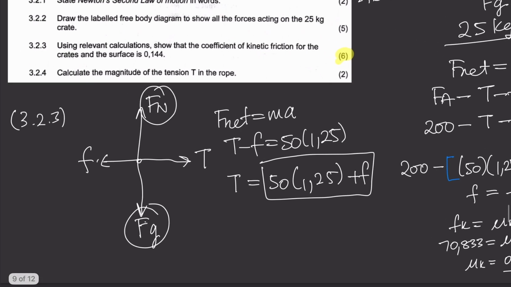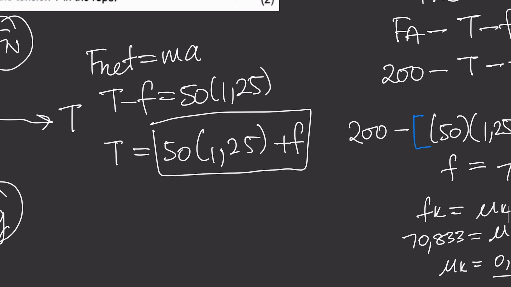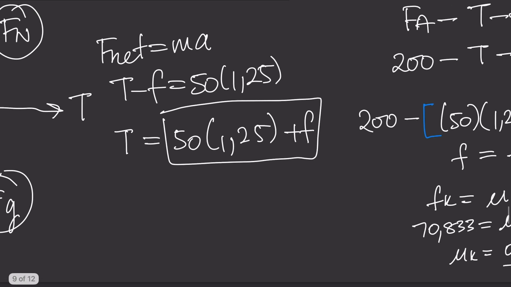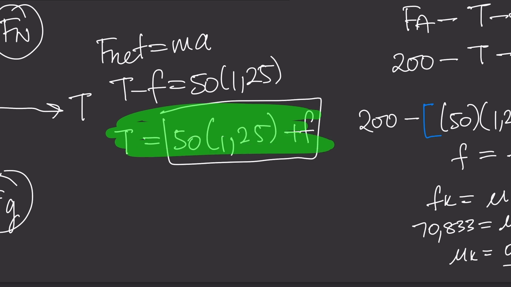Last question, calculate the magnitude of the tension in the rope. So if you got the friction, we can just use this simple equation here and then solve for the tension. So we have friction, we can solve for tension. Let's use a different color.